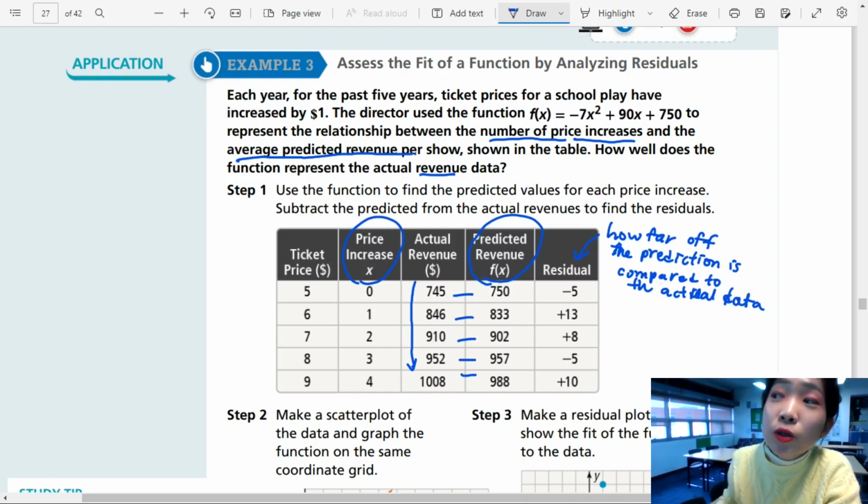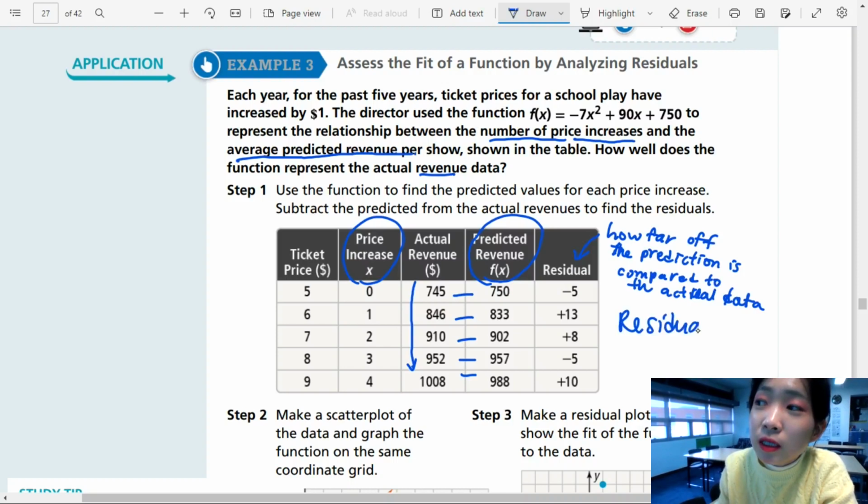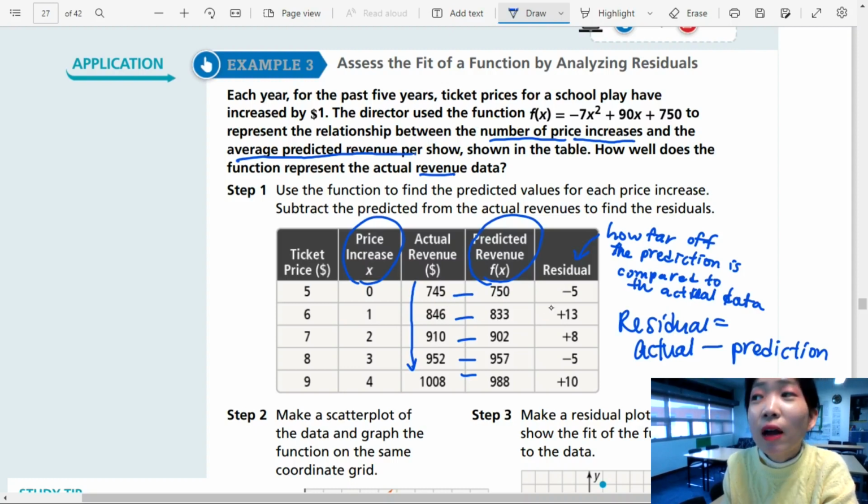So in order to figure out the residual, the equation is your actual value minus your predicted value. Okay? So 745 minus 750 is minus 5. So the residual is minus 5. The actual value, 846, minus the predicted value, 833, is plus 13.